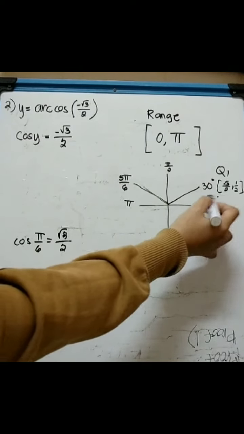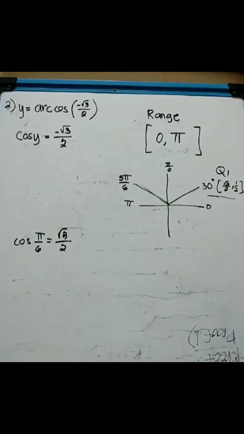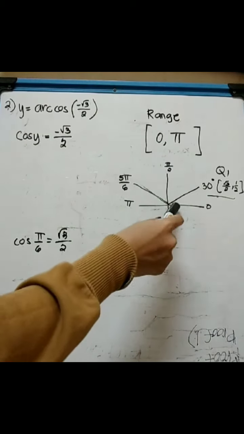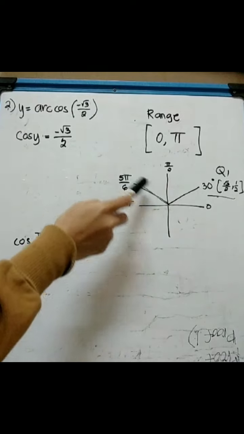Ito. So, pero, kailangan natin is negative square root of 3 over 2. So, in this case, cosine will be negative over here. Dito.